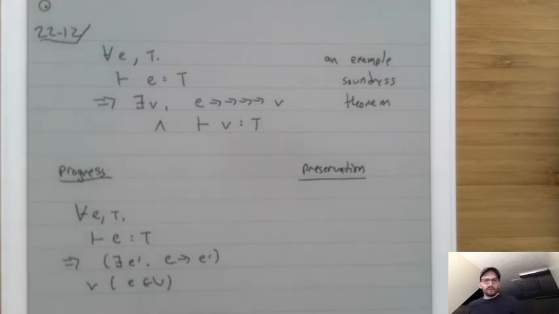Okay? So progress essentially says if something is typed, then that means you can run it one step and it will actually run.